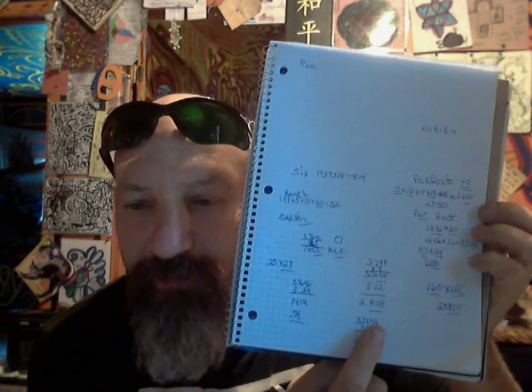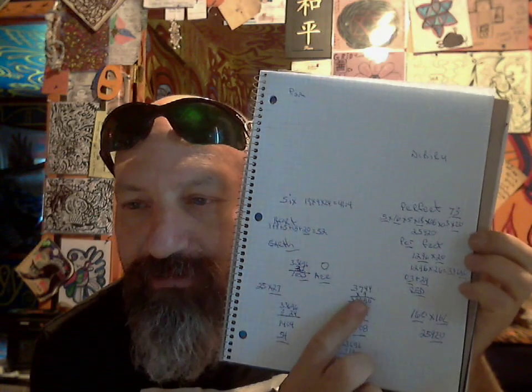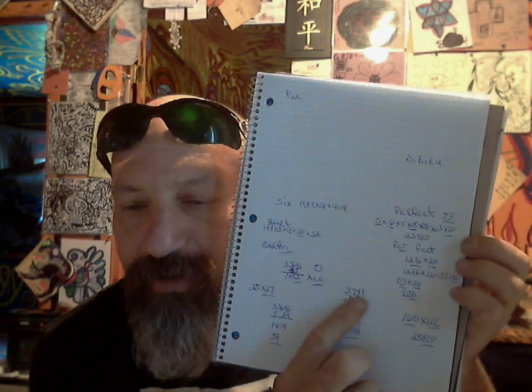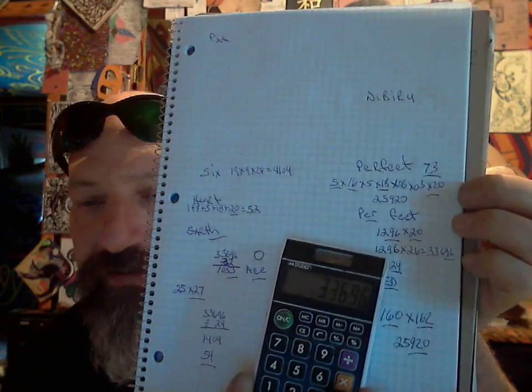At the same time over here, I take 3744, which is 9 times 3744, which equals 33,690. Now, what I have to do with the 33,690 is I have to go 696, okay, 33,696, and look at the numbers on the right. 1296.